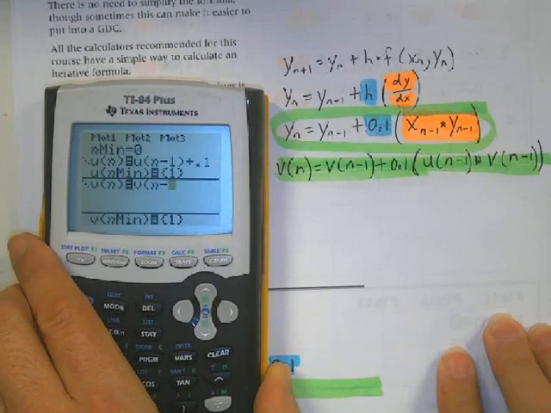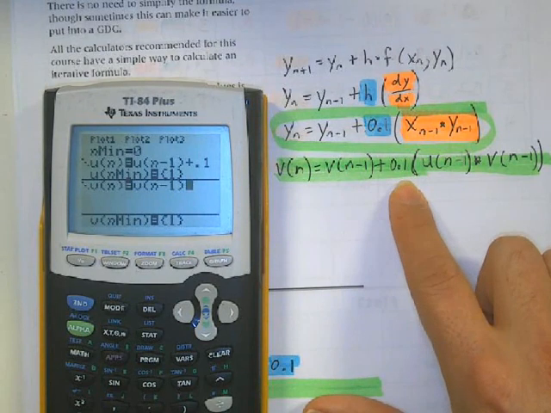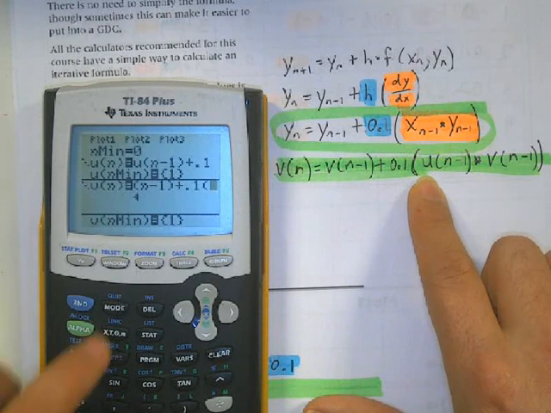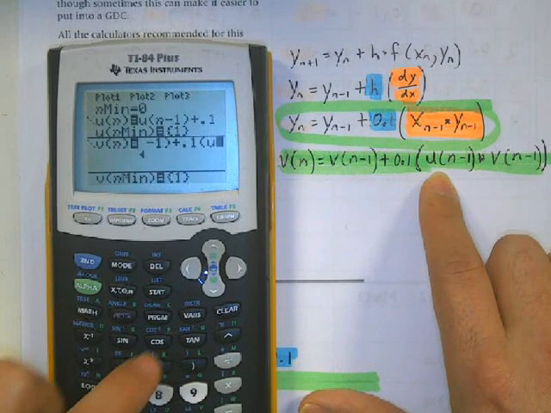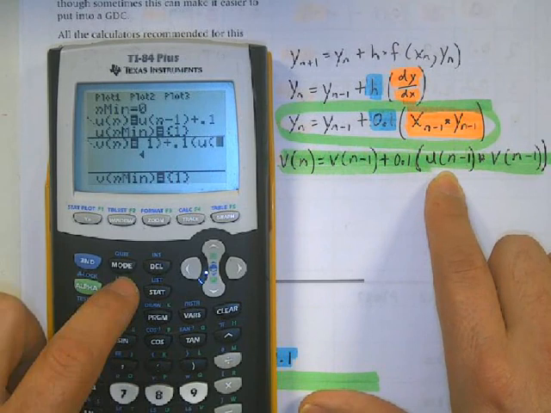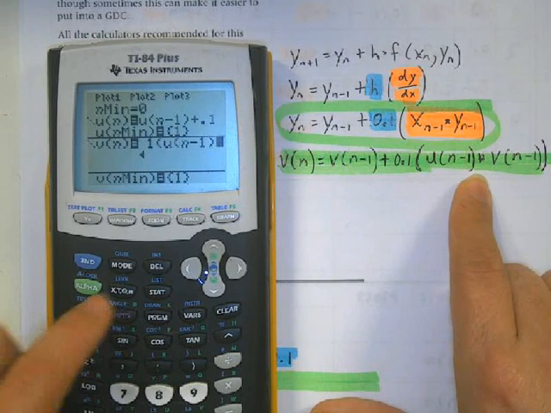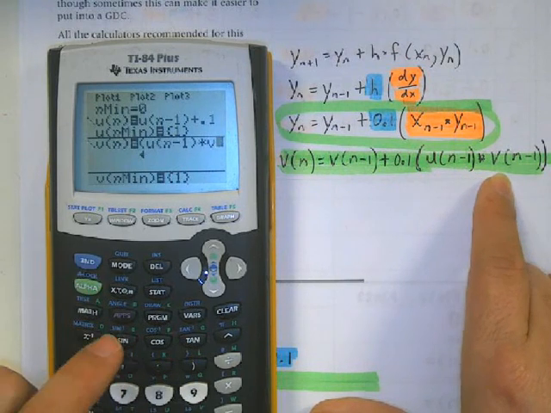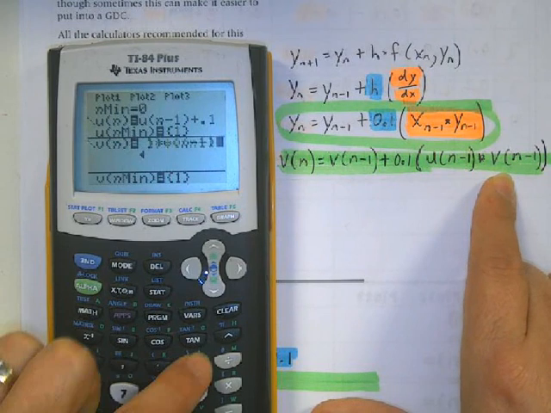N minus 1, close parentheses, plus 0.1, open parentheses, u. To get u, I do second 7. I do open parentheses, n minus 1, close parentheses, times v. I do second 8 to get my v, parentheses n minus 1, close parentheses, close parentheses.